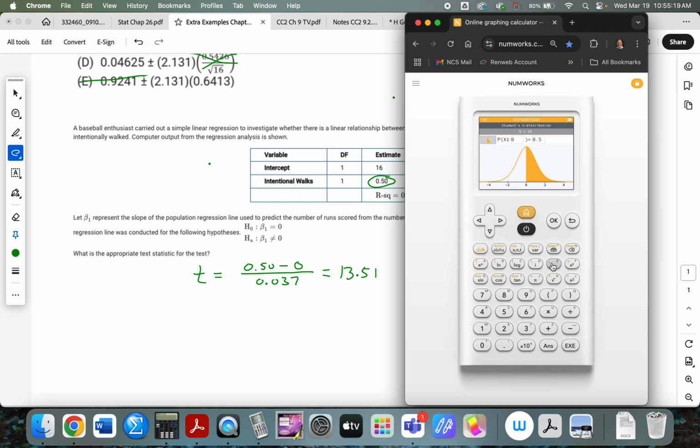This is 13.51. There's almost zero chance of getting that. The chance of getting it is basically nil.